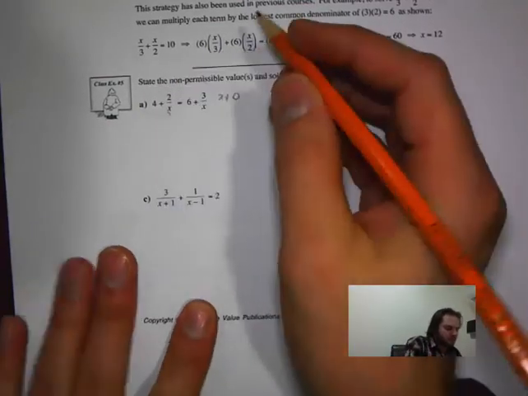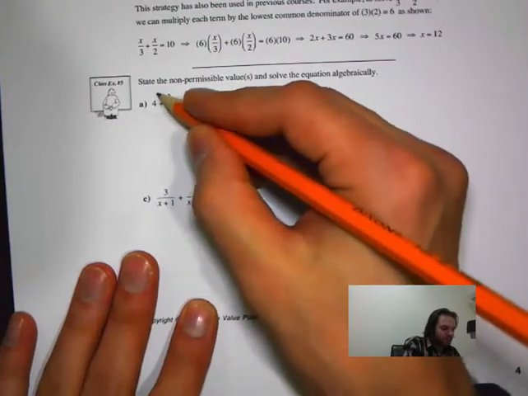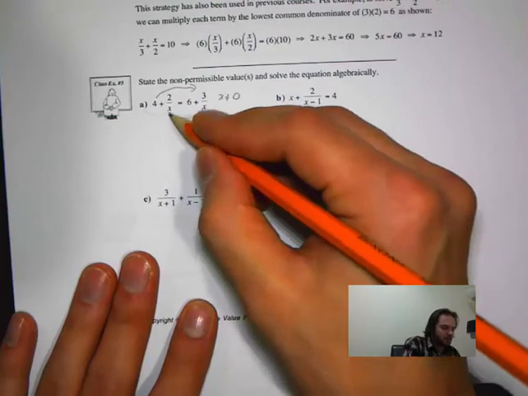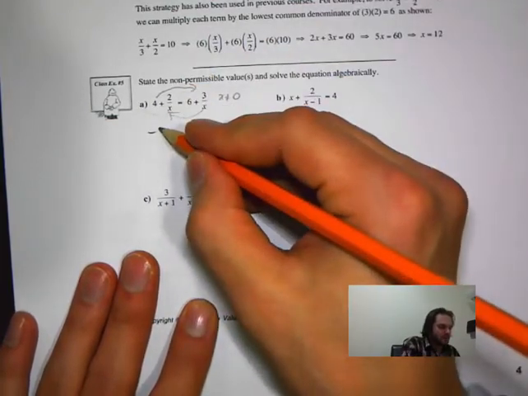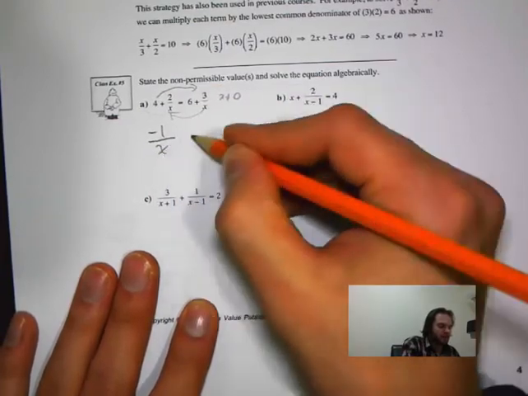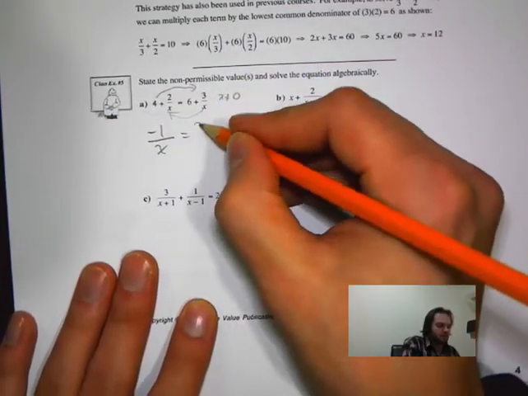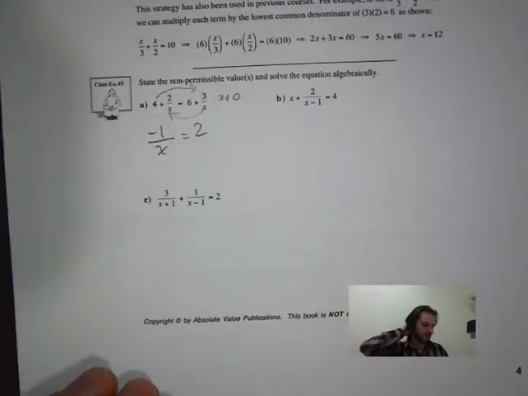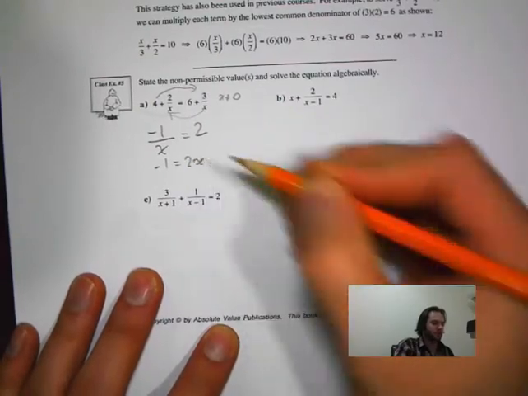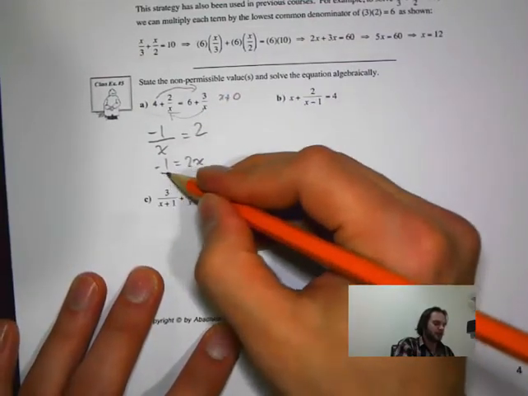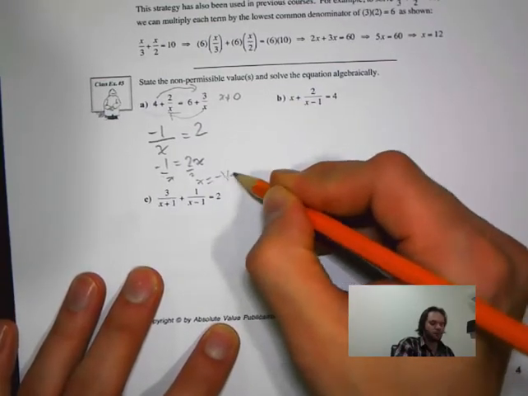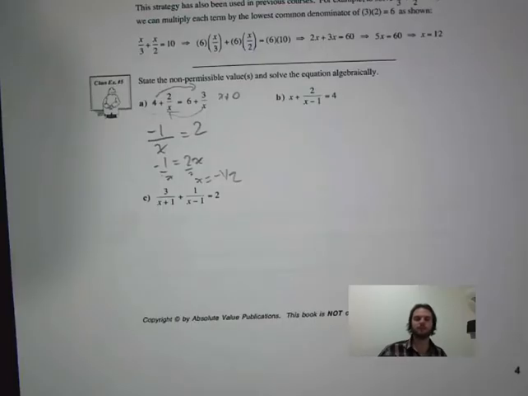So I'm going to get negative 1, because we have to subtract 3x, over x is equal to 2. Now I'm solving this. I get negative 1 is equal to 2x. Dividing by 2, x is equal to negative 1 over 2. And that is it.